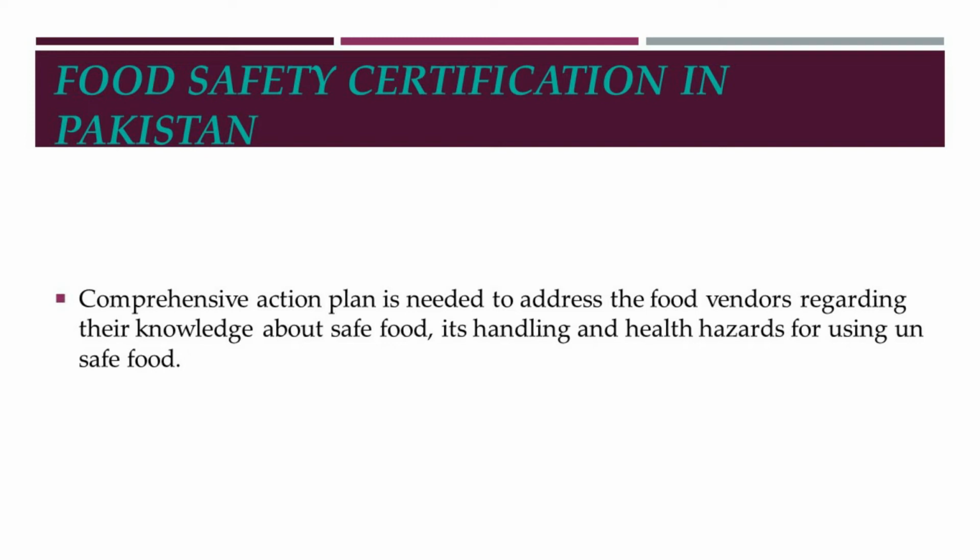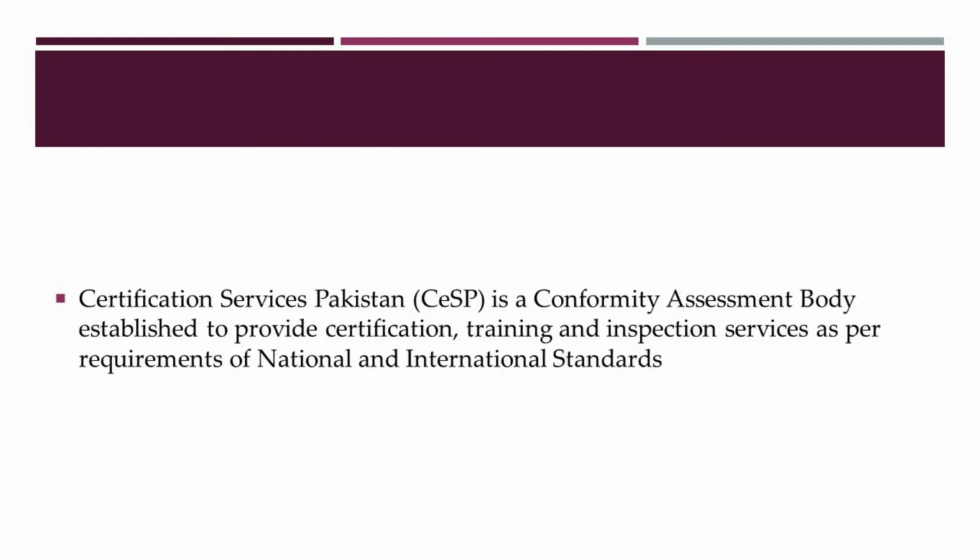Provincial food authorities are entrusted with the following functions and responsibilities to regulate and monitor food businesses in order to ensure compliance by farmers, manufacturers, distributors, importers, and other stakeholders.